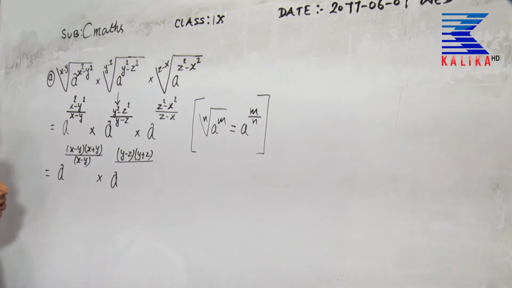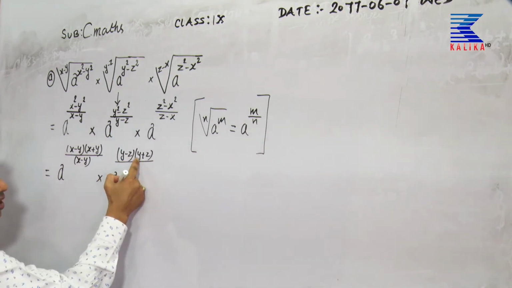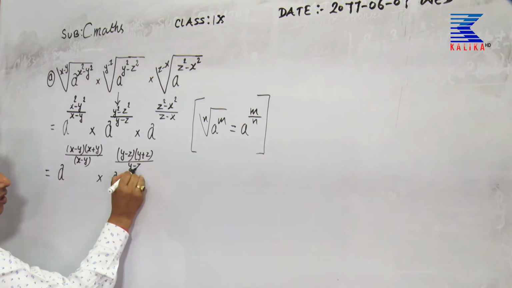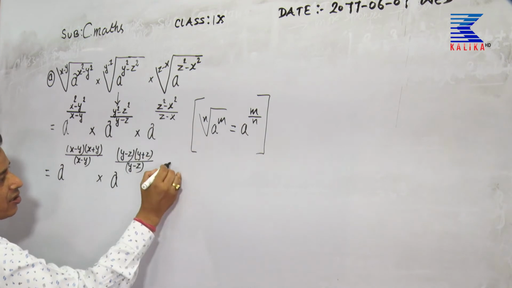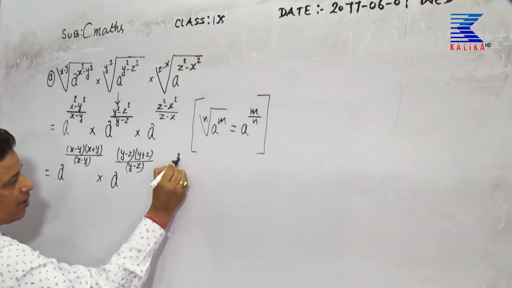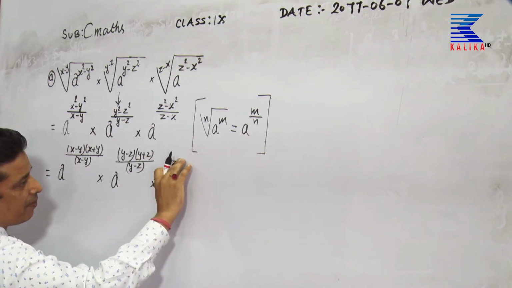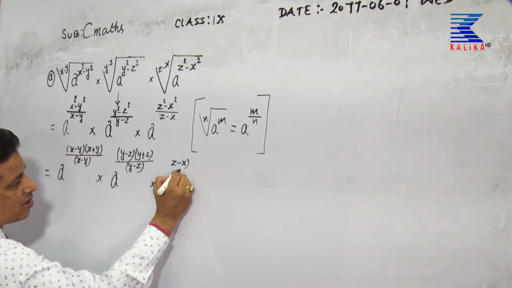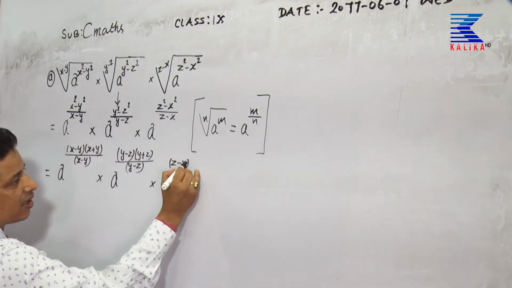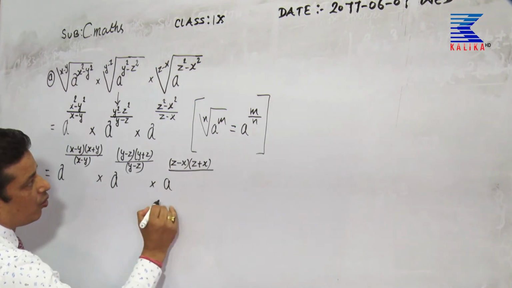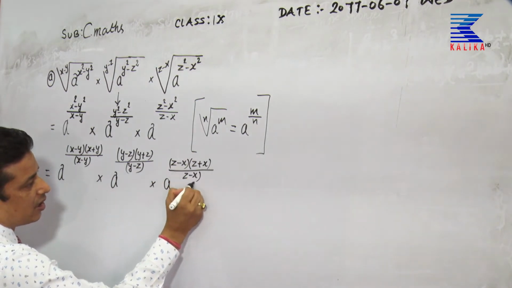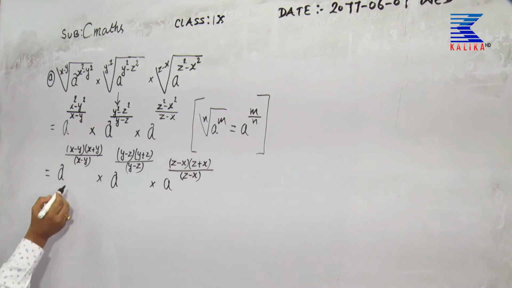We are using the formula a square minus b square is equal to a minus b times a plus b, over y minus z. Similarly, here z square minus x square, using the formula a square minus b square, you will get a minus b, a means z, b means x, a minus b, then a plus b, over z minus x.